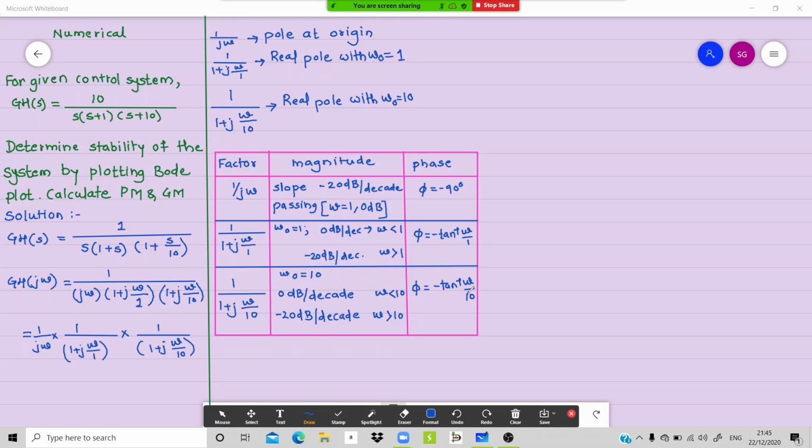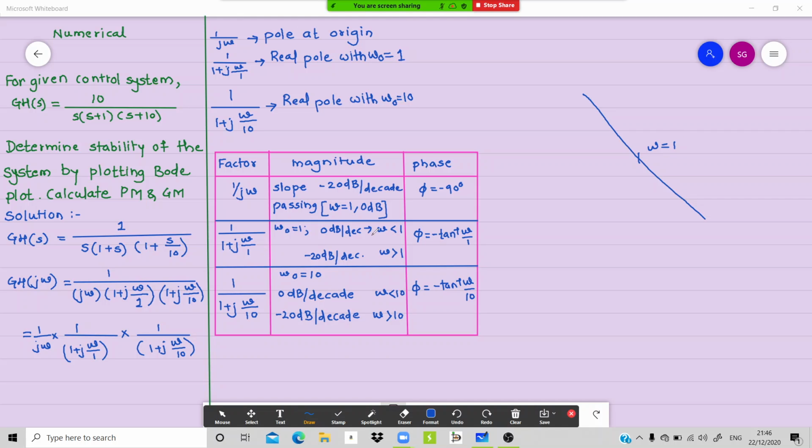Okay, so now see, this is going to cut the thing at omega equal to 1, right? This factor's omega naught is 1. So in initial stages, definitely till omega equal to 1, this line is going to be like this, first part I'm saying, and it is going to pass through omega equal to 1.